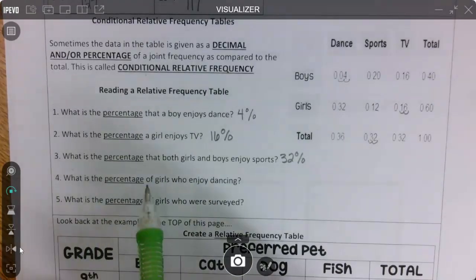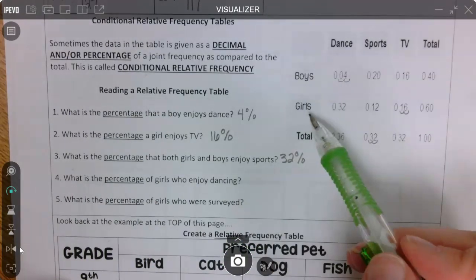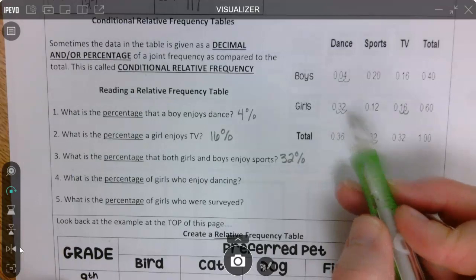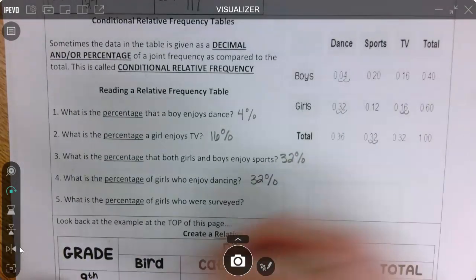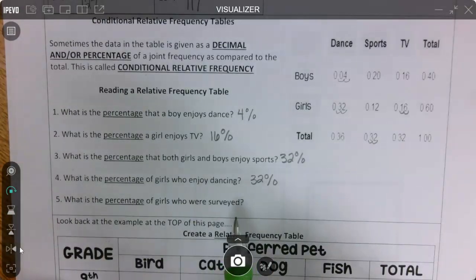What is the percentage of girls who enjoy dancing? Well, girls dancing, we're going to move that decimal 2 places to the right for 32%. Then lastly, what is the percentage of girls who were surveyed?